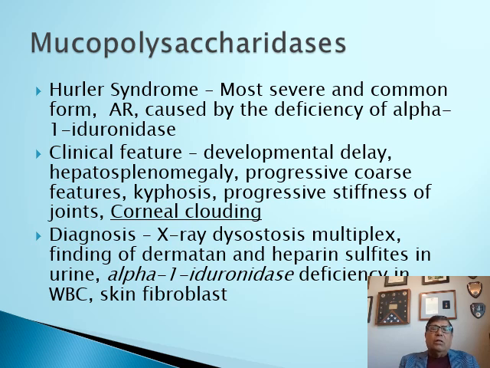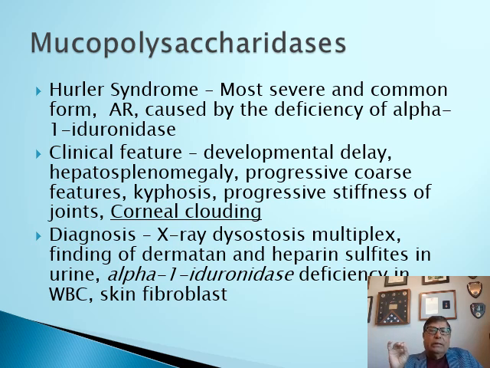Clinical features: the patient will have developmental delay, hepatomegaly, and progressively coarse features. And that's why the older name was gargoylism. It looks like a gargoyle, as you can see on one of those big churches in Europe.